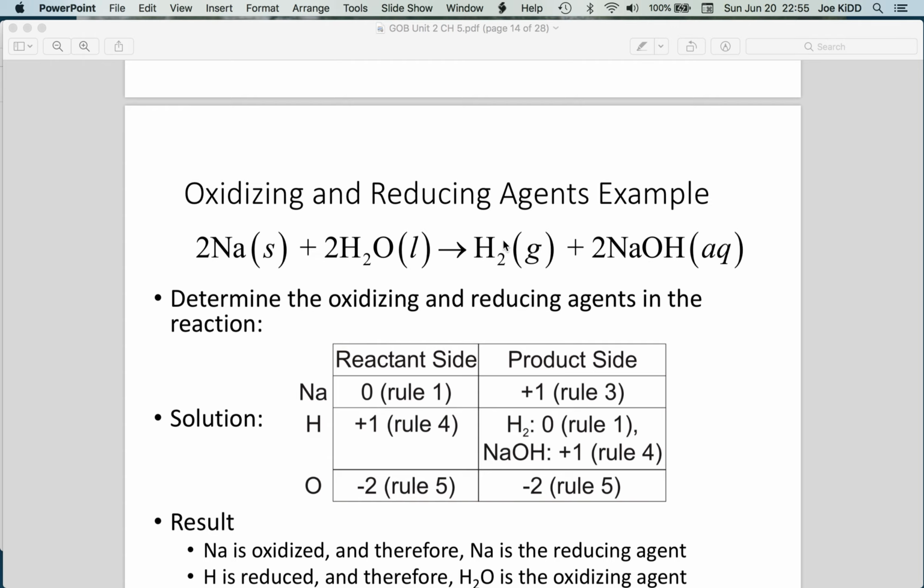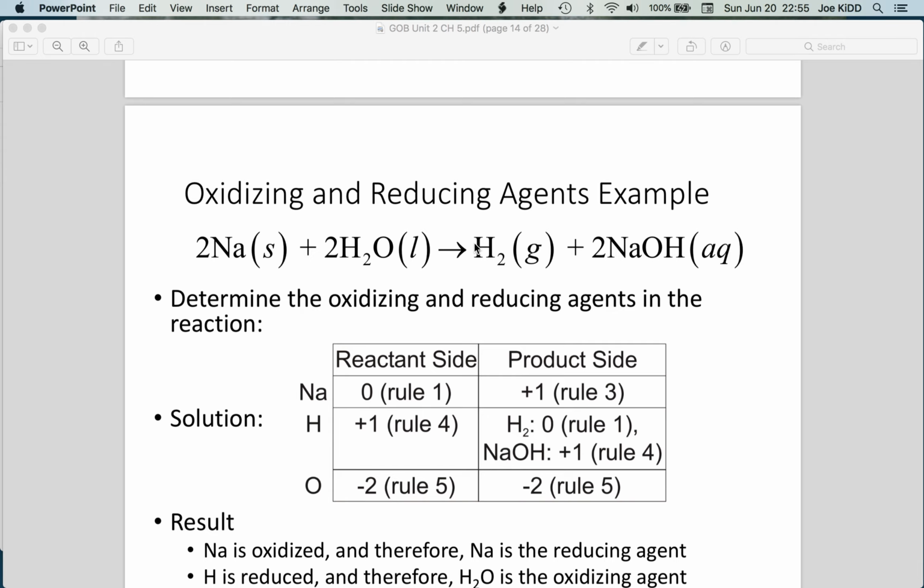An oxidizing or a reducing agent is determined by which one is doing the oxidizing and which one is doing the reducing. So an oxidizing agent is the thing that does the oxidizing. A reducing agent is the thing that does the reducing. But remember, this is kind of like that yin and yang thing, right? They're complementary to each other.